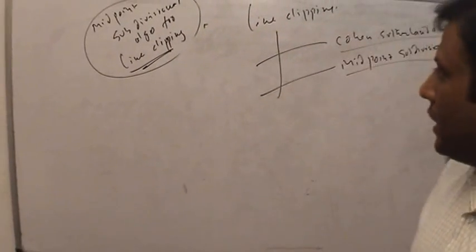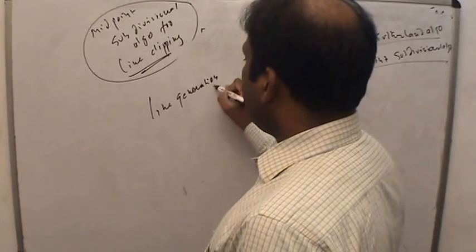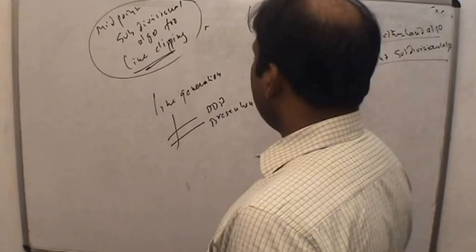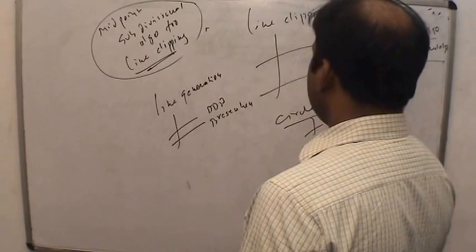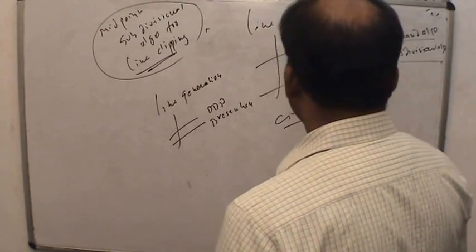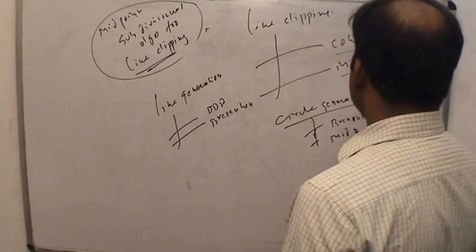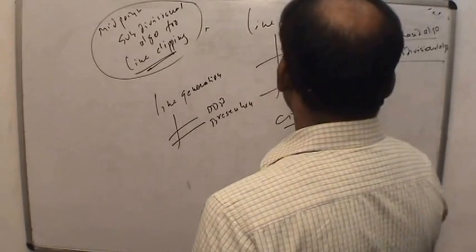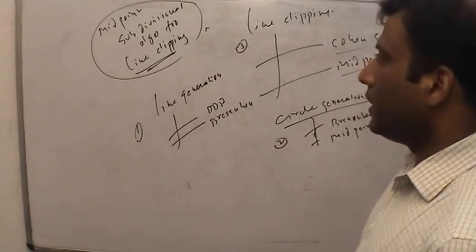So far in computer graphics we have finished the line generation algorithms, line generation according to DDA and according to Bresenham, circle generation according to Bresenham and according to midpoint, and line clipping according to Cohen-Sutherland and midpoint subdivisional.